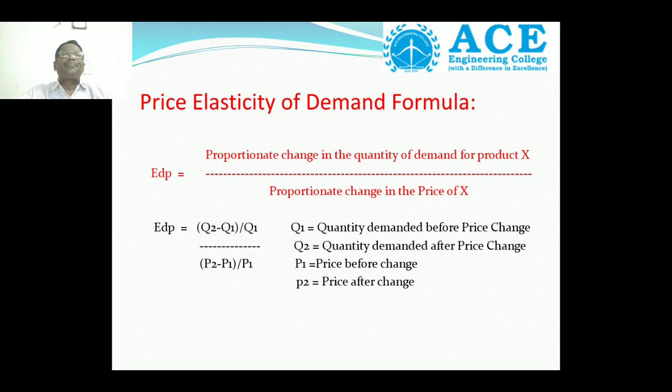So what we learned from the formula is the proportionate change in the quantity demanded of product X divided by the proportionate change in the price of X: (Q2 minus Q1) by Q1, divided by (P2 minus P1) by P1.